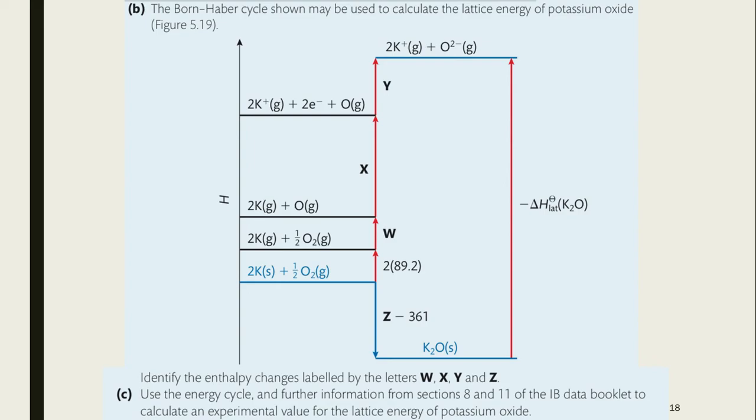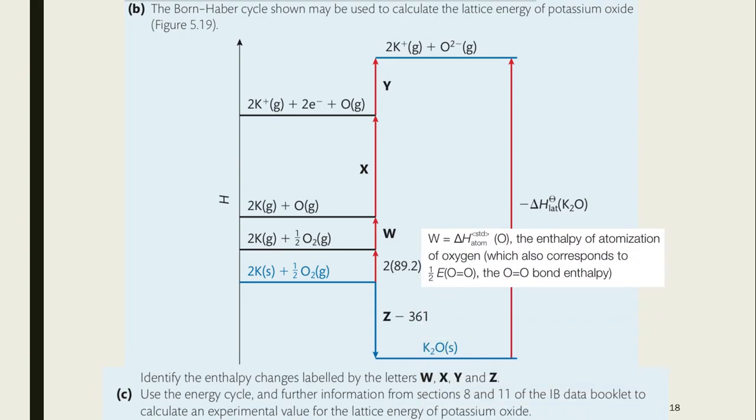Letter B. The Born-Haber cycle shown may be used to calculate the lattice energy of potassium oxide. So what you have to do in B is identify the enthalpy changes labeled by the letters W, X, Y, and Z. Okay, so some values are already given to you, and we want to identify what each of these steps are.